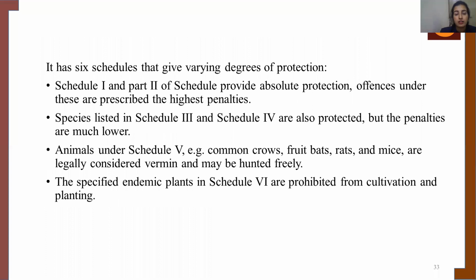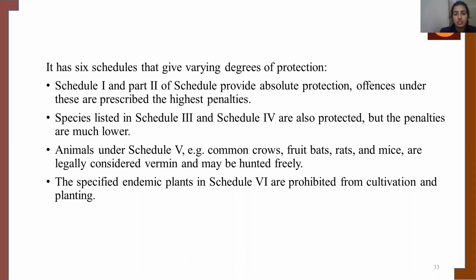There are 6 schedules in this act, which give various degrees of protection. In the first and second schedule, there is absolute protection of wild animals, and if these animals are exploited or misused, the highest penalties are given.